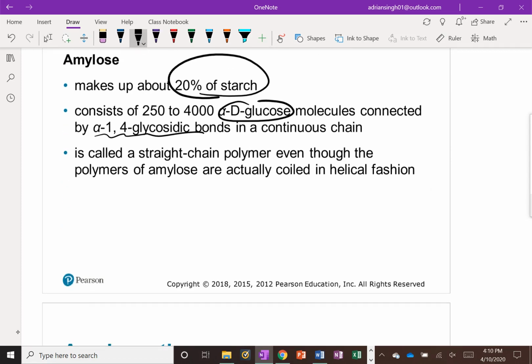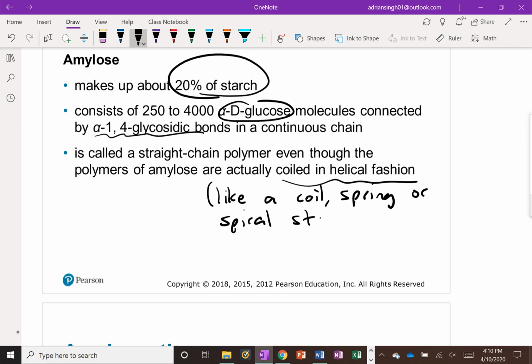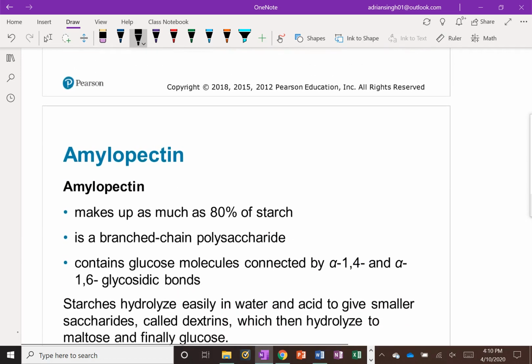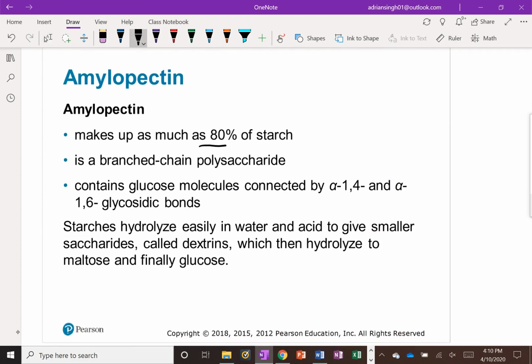It's a chain, even though it's coiled into a helix, like a coil or a spring, or a spiral staircase. Amylopectin makes up the remainder, maybe 80% of starch. It is branched, and those branches are due to the 1,6 glycosidic bonds. What keeps the chain together are the regular 1,4 glycosidic bonds.